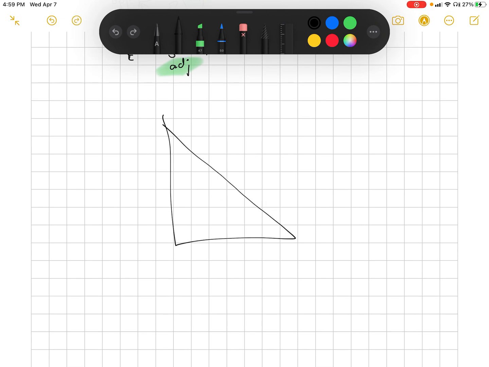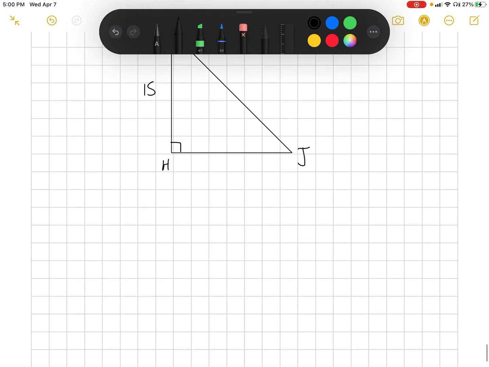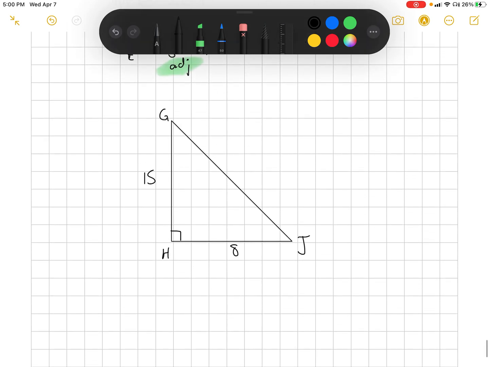Okay, another one. We'll go G, H, J. I is a terrible letter for mathematical purposes. So GHJ is our triangle. There's our right angle. And I'm going to say that this is 15 and this is 8. And I'm looking for angle G. Same as before. That's our hypotenuse. That is our opposite, which makes this our adjacent.